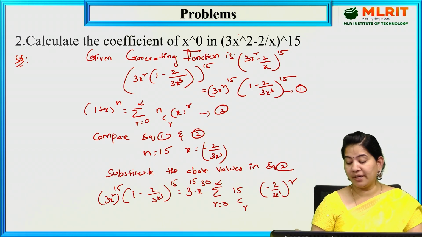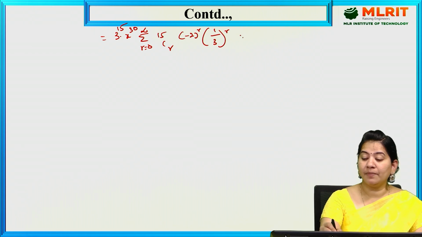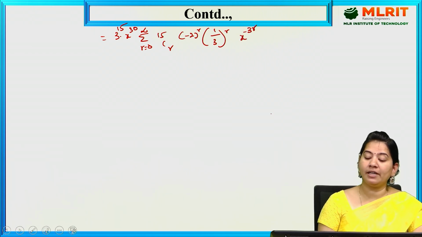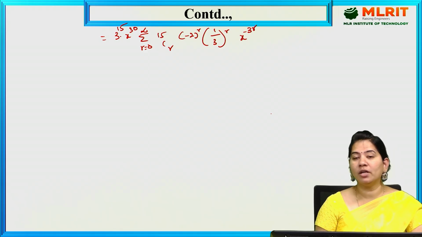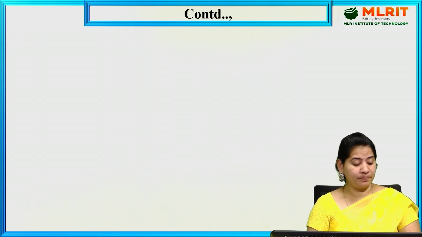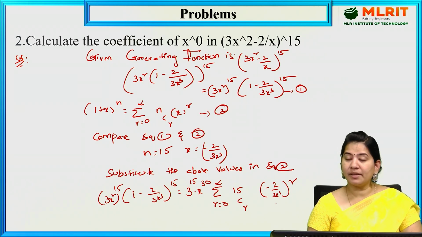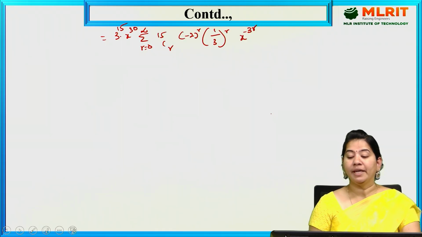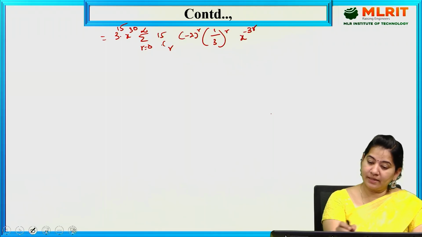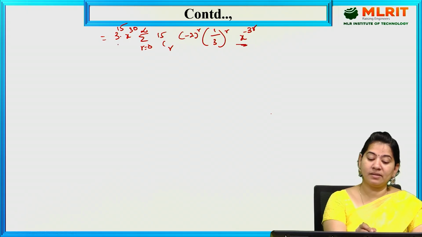Here it will become x power minus 3r, as it is 1 by x cube, we are bringing that to the numerator. That's why it is becoming minus. So here I have written 1 by 3 whole power r and 1 by x cube, x power minus 3r.